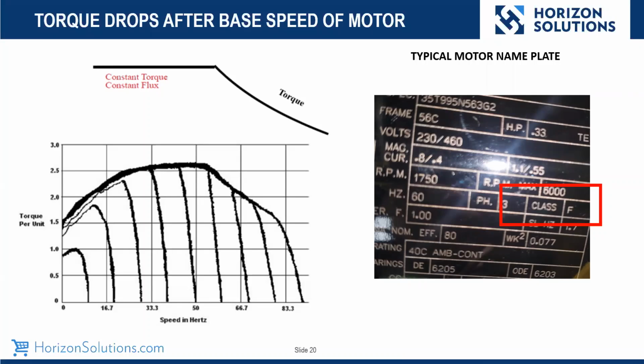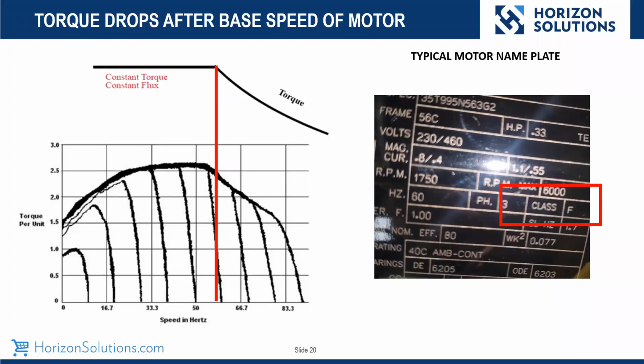I always get asked this question, especially by people that are not really familiar with the motor design of the induction motor. This is on an induction motor only. This excludes some of the slides we have coming up with permanent magnet motors and switch reluctance motors. But basically what we're showing here is constant torque out to base speed, and you can see the red line goes down.